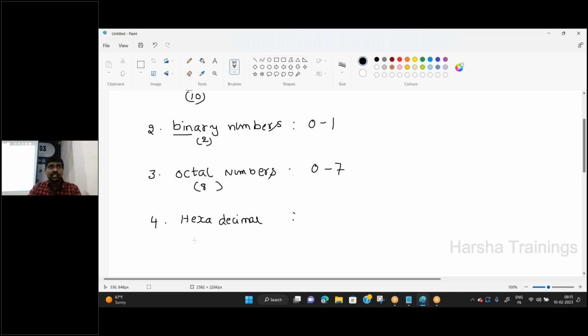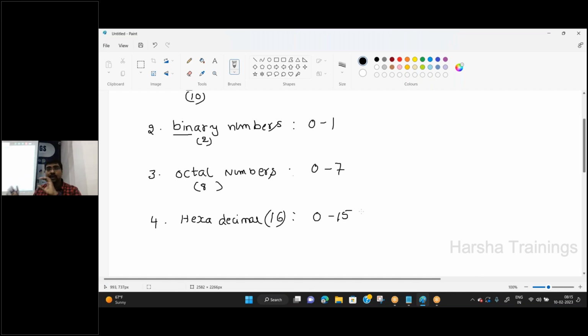Hex means 6, decimal means 10, so hexadecimal means 16. The possible values are 0 to 15, total 16 numbers.